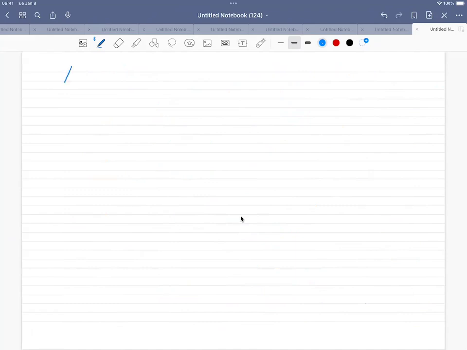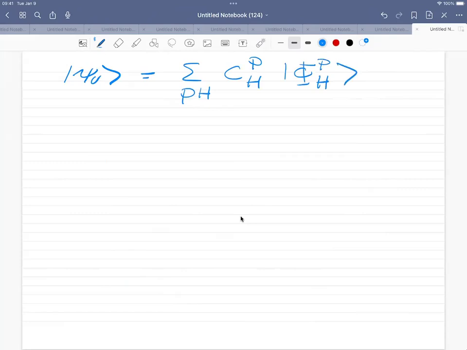So that means that our psi 0 or any other state is now going to be given by a sum over all the possible particle-hole excitations. And there's going to be an overlap coefficient, C_PH, and this is multiplied with these particle-hole excitations represented by a given Slater determinant. So just as a quick reminder, this phi of PH is given by an operator, A_PH, acting on phi 0.